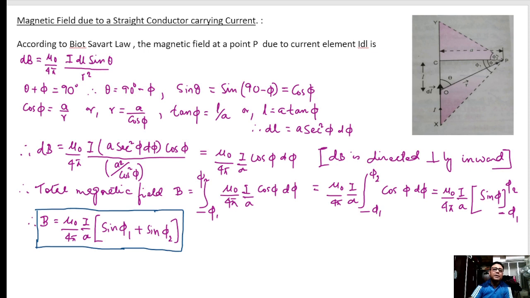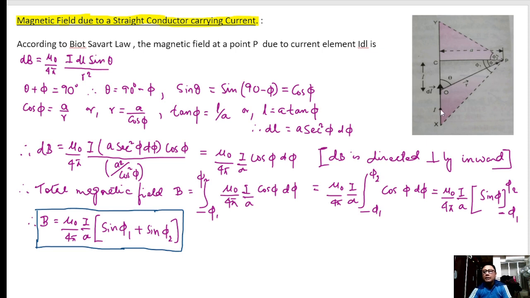Magnetic field. Now we are dealing with the magnetic field due to a straight conductor carrying current. See, this is the conductor. XY is our conductor.